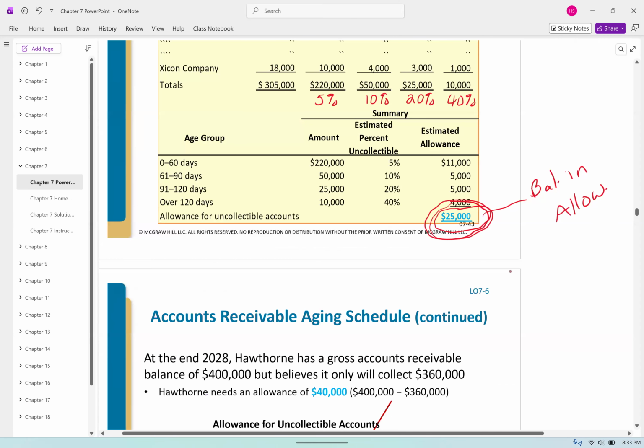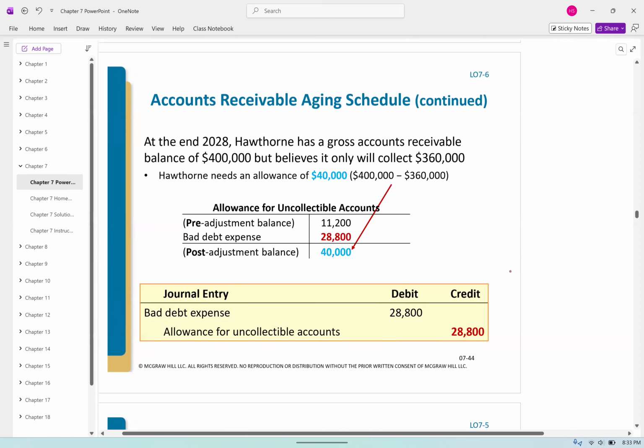So here they said at the end of 2028, Hawthorne has a gross accounts receivable balance of 400,000, but it believes it will only collect 360,000. Hawthorne needs the allowance to be $40,000. Okay.